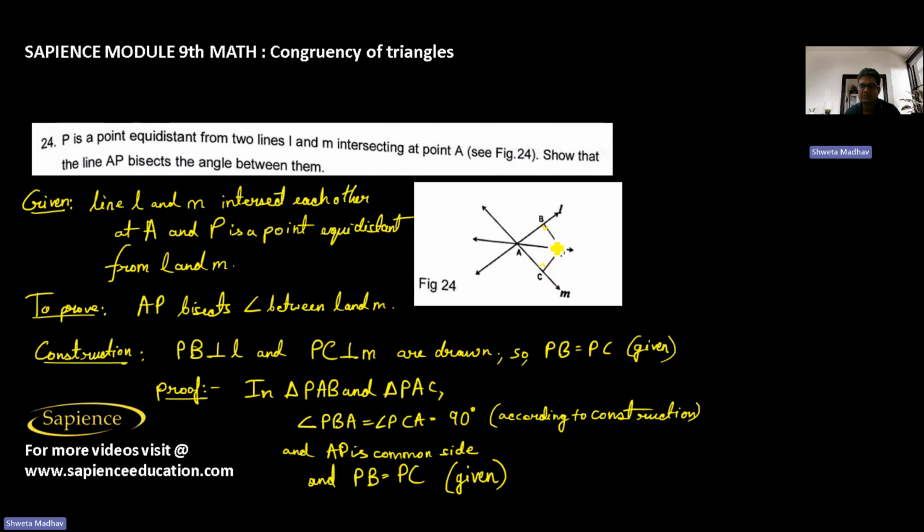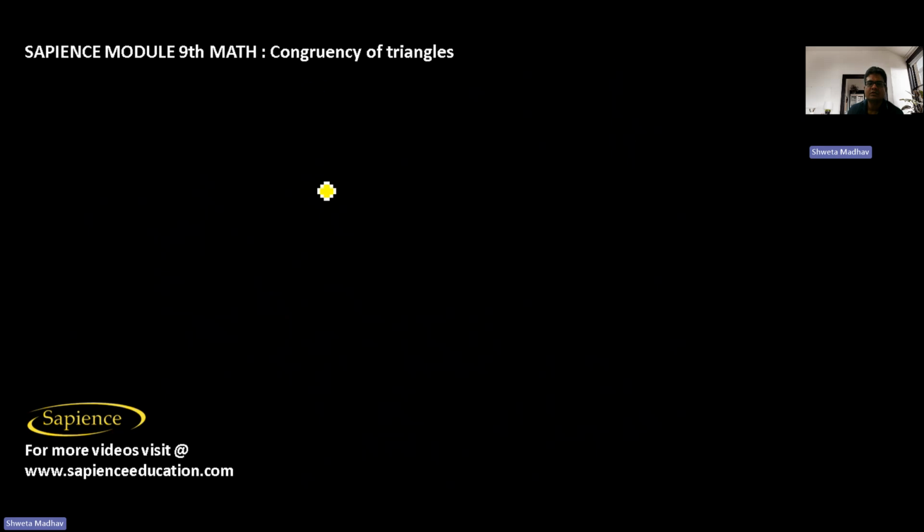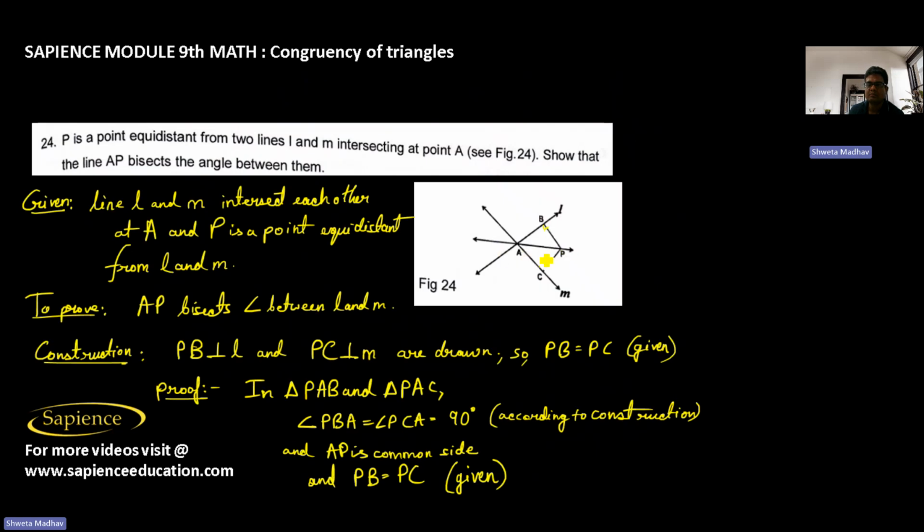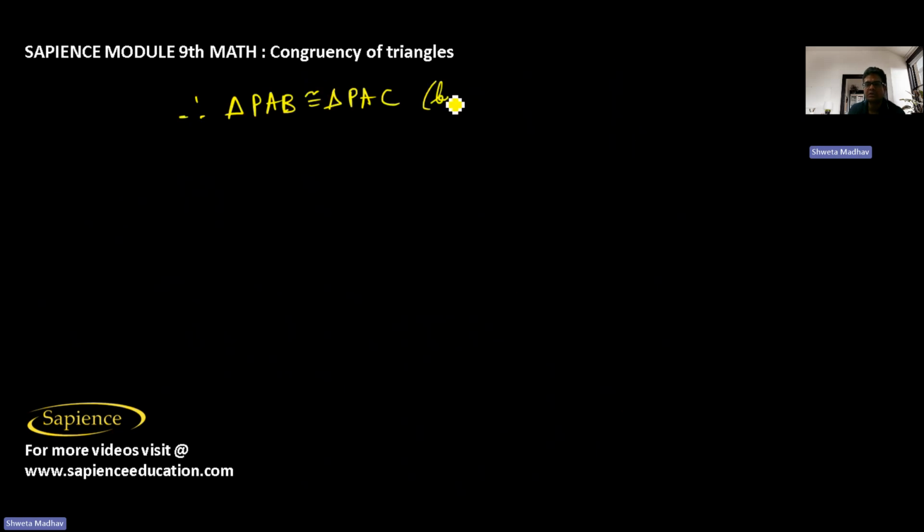So by the RHS rule, the right angle hypotenuse side rule of congruency, we can say that triangle PAB is congruent to triangle PAC by the RHS rule of congruency.